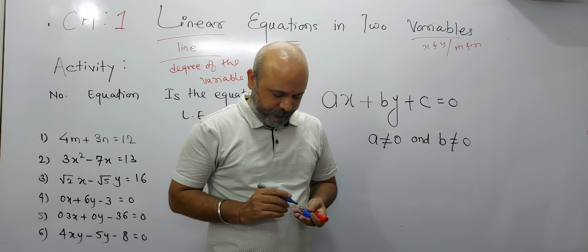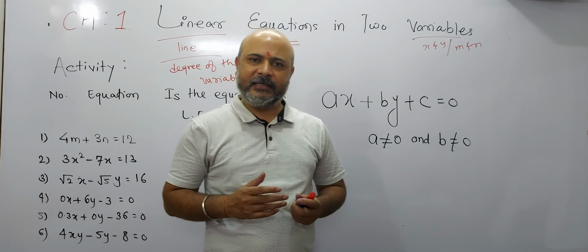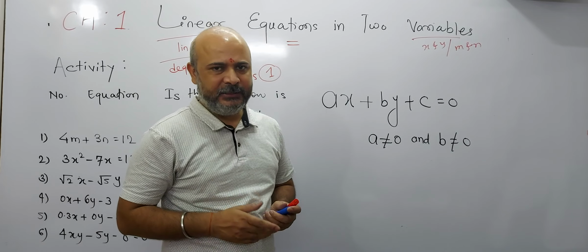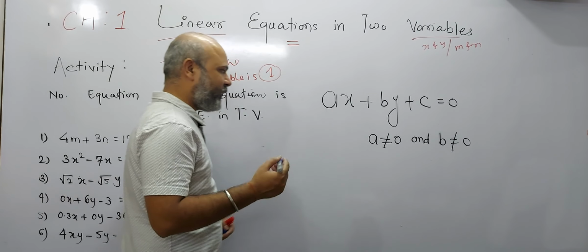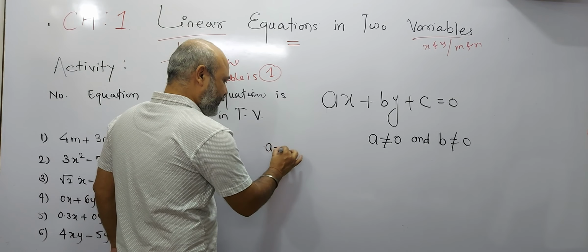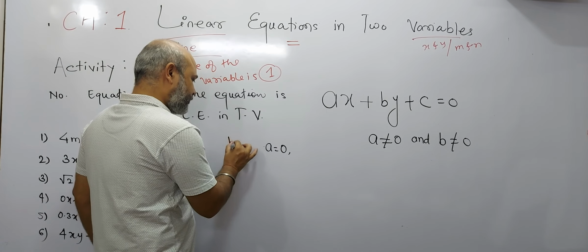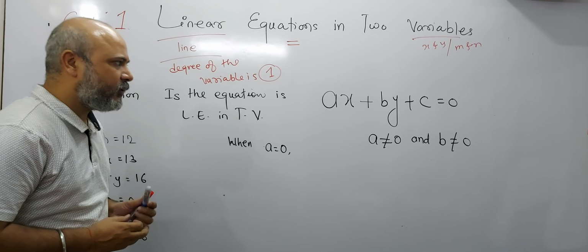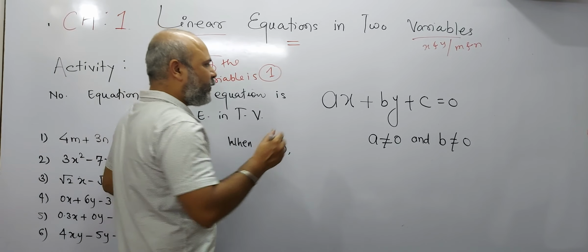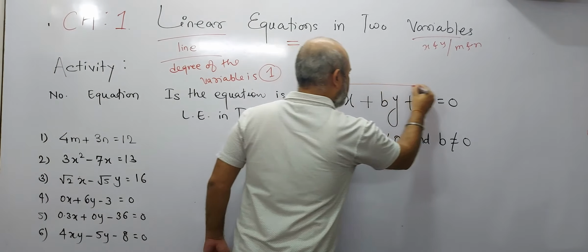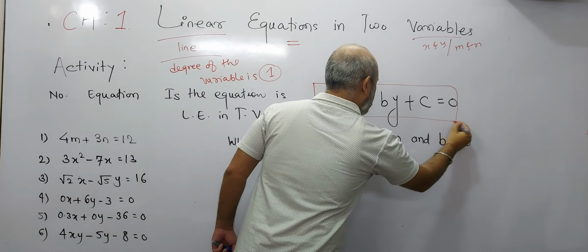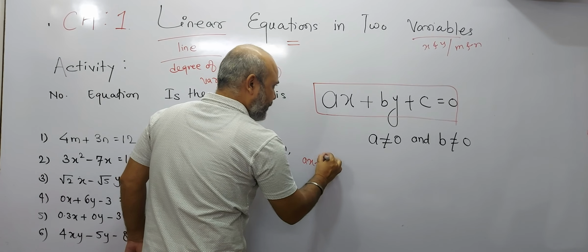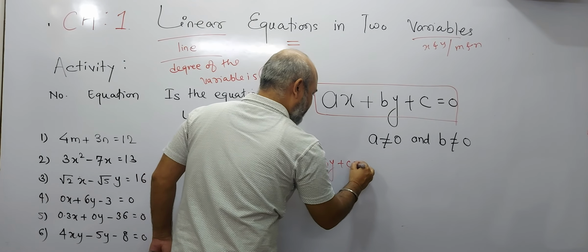Now students, in your mind there is a question: sir, what will happen if a is 0 and b is 0? So let us see what will happen. When we take a equal to 0, what will happen to the linear equation in two variables? Ax plus by plus c equal to 0.